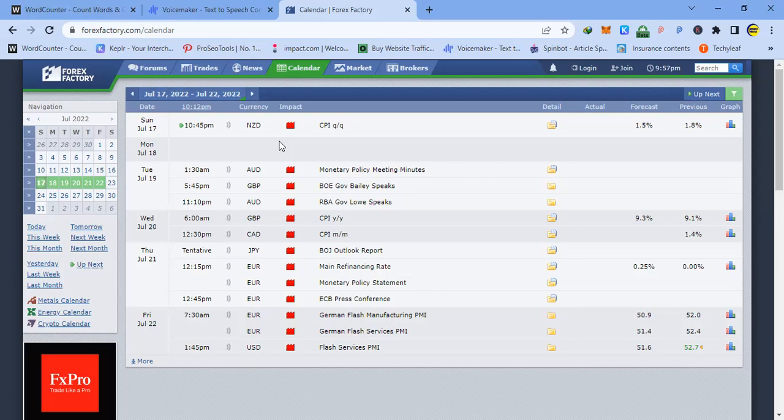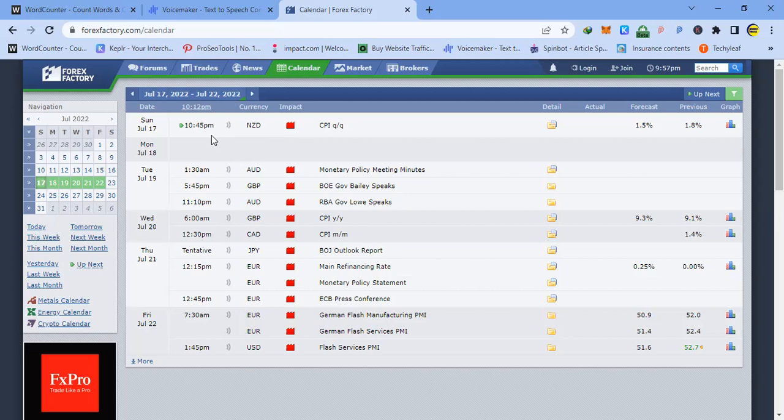So I'm dealing with GMT, that is the same as UTC, Universal Time. So right now I'm looking at Sunday 10:45 p.m., which is about 20 more minutes or so to that particular time.